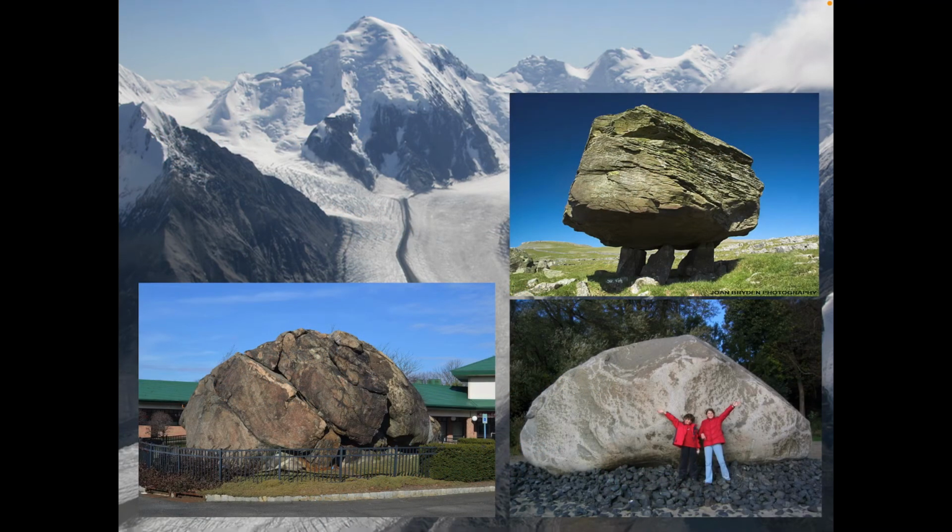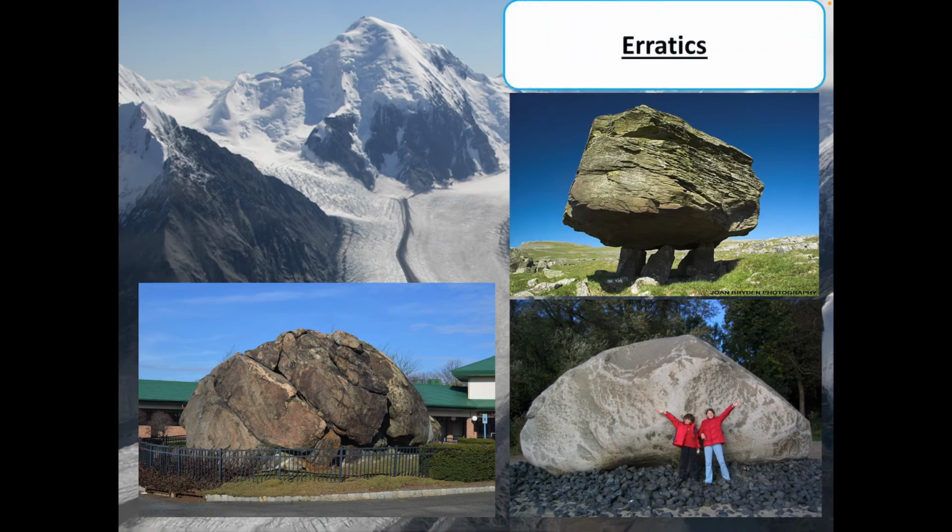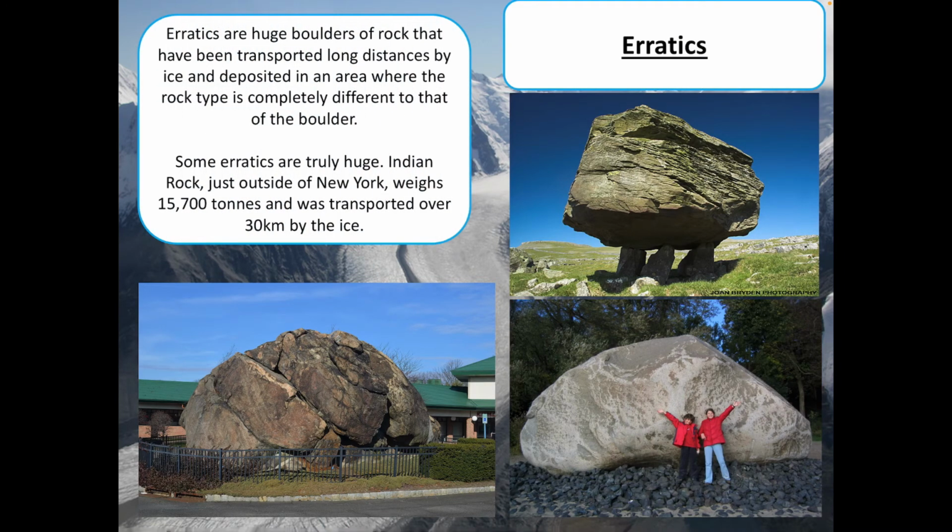Another common feature that we get from deposition in glacial areas are features that look like this: large bits of rock that don't fit in with the surrounding geology. And we call them erratics. So erratics are huge boulders of rock that have been transported very long distances. So they typically have been moved from the upper course or the upper valley down into other areas in the lower valley, or indeed in some cases hundreds of miles.